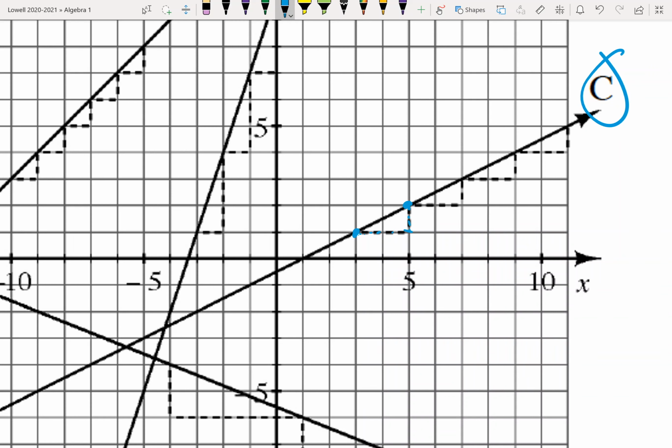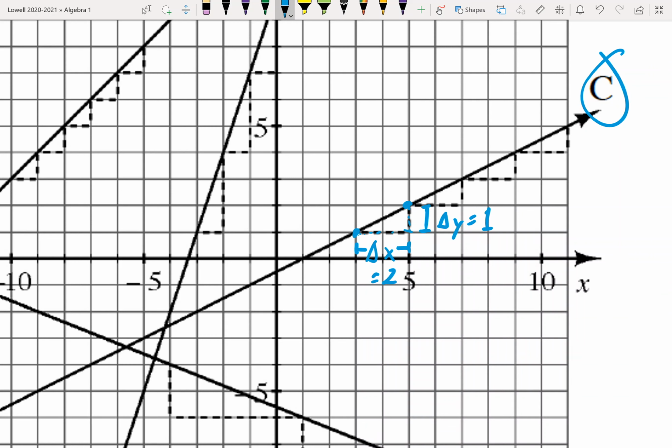Okay, so let's see. This one's easy because we could just count our change in y and our change in x. So our change in x right here, well, we went from x equals 3, it looks like, to x equals 5. So our change in x, or delta x, also known as our run, is 2. And right here, our delta y, or change in y, is just 1.